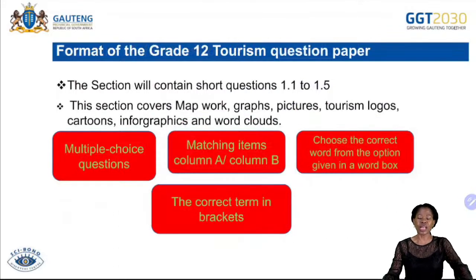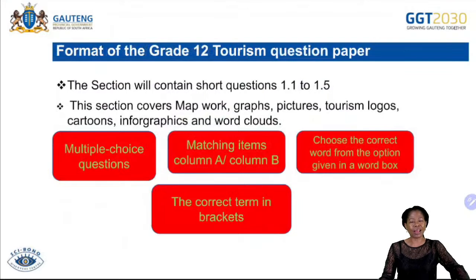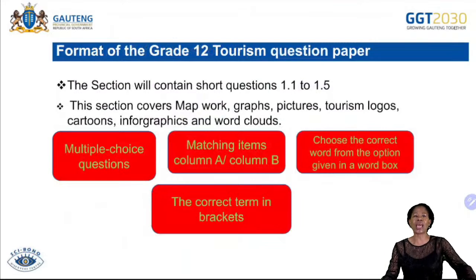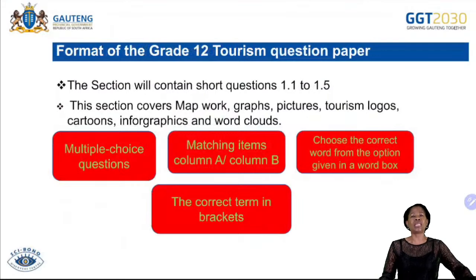And then these sections cover map work, graphs, pictures, tourism logos, cartoons, infographics, and word clouds, meaning section A will contain the entire topics that you are taught inside the classroom. So map work, graphs, and everything, the logos, the TPCSA will be there. Everything that you have studied inside the classroom is covered in section number A.